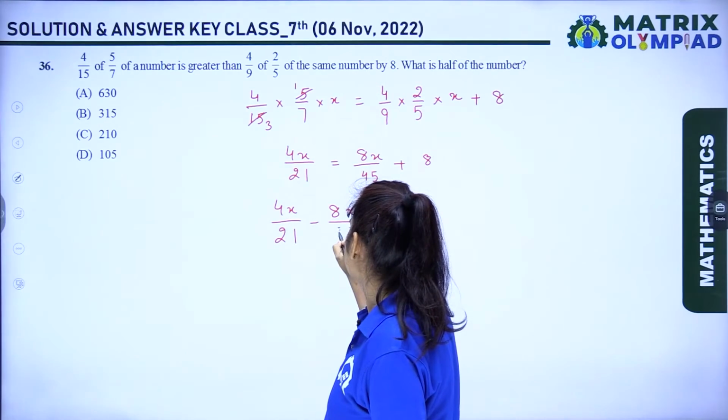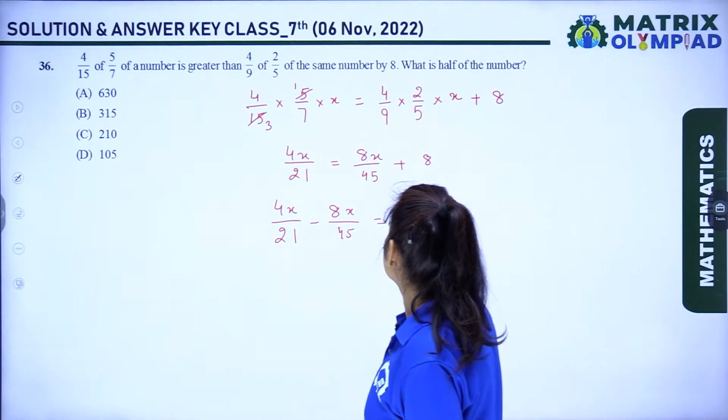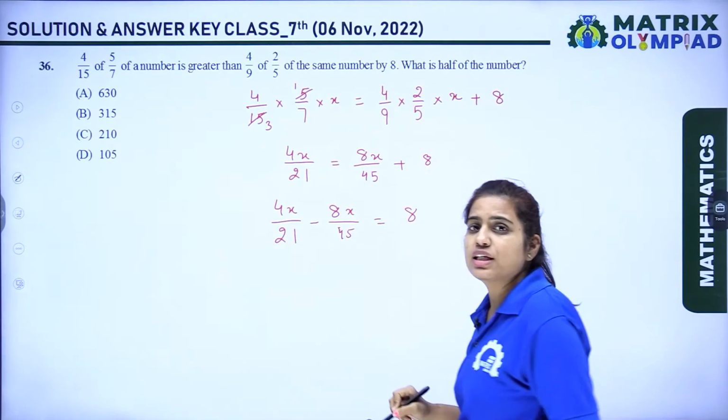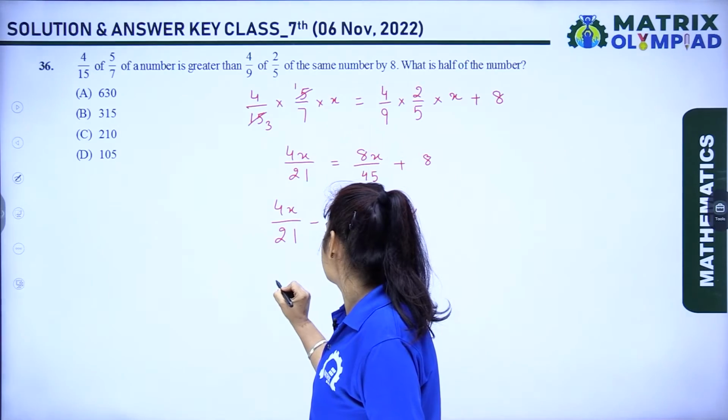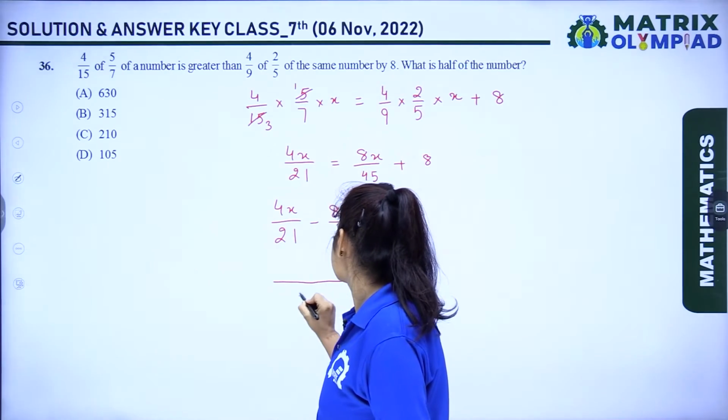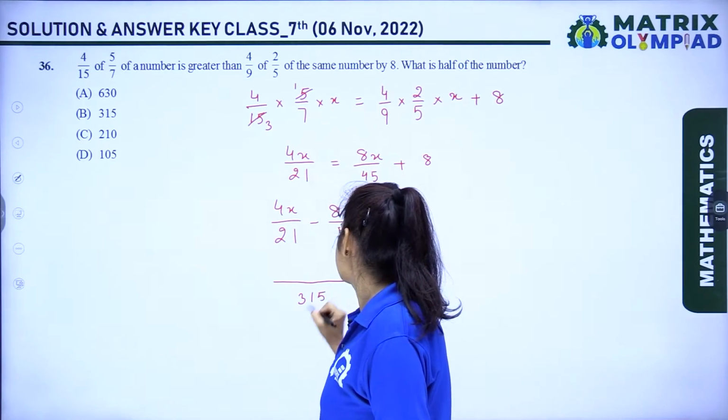Negative 8x upon 45 equal to 8. Now the LCM of 21 and 45 is 315. So here the LCM is 315.